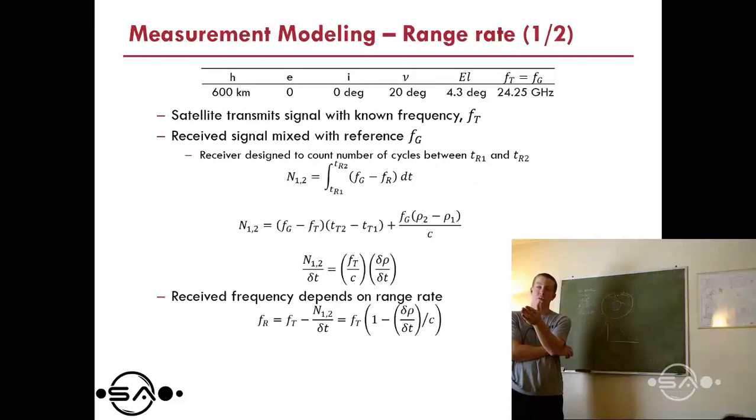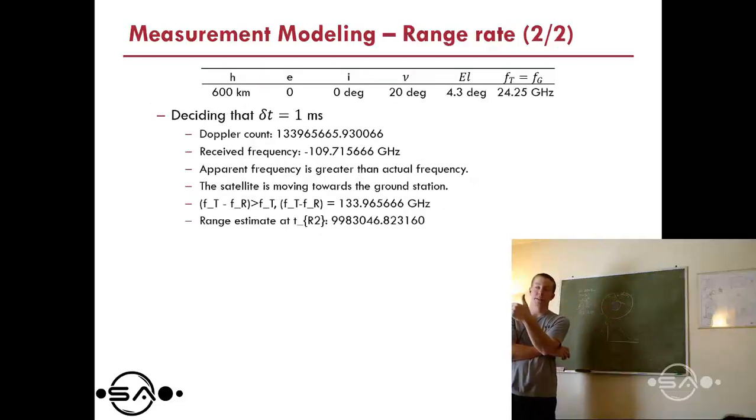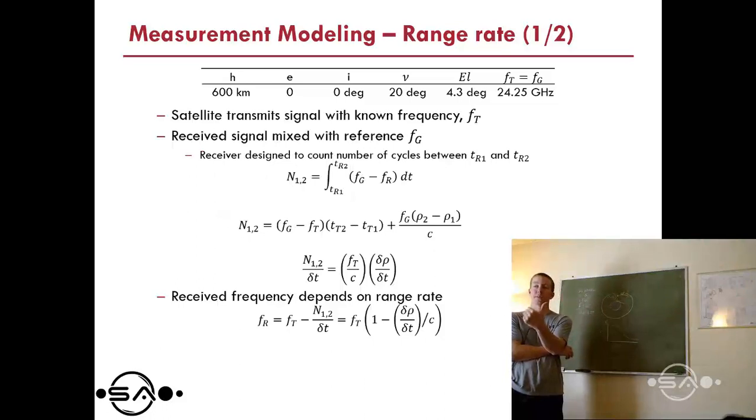So we know that there might be some issue that occurs there, especially when we see that our apparent frequency is 133 and our received frequency is 109 gigahertz. So there are some issues that need to be resolved. That's going to be solved in GitHub, but the basic concept of how to set this up is the same.